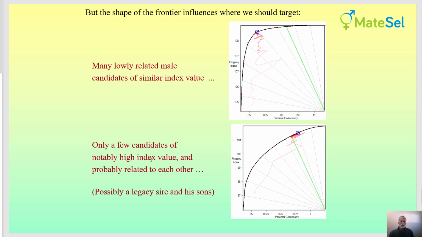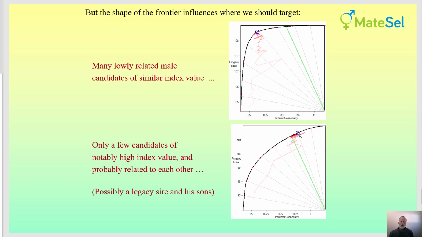Contrary to this, consider a population where you've only got a few candidates of notably high index value, and probably related to each other. So let's say the sire up here is excellent, but the next best excellent sires are his sons. So as we try to increase diversity, we can't use his sons. We've got to look elsewhere. And the other males in the population that are candidates are not so highly meritorious.